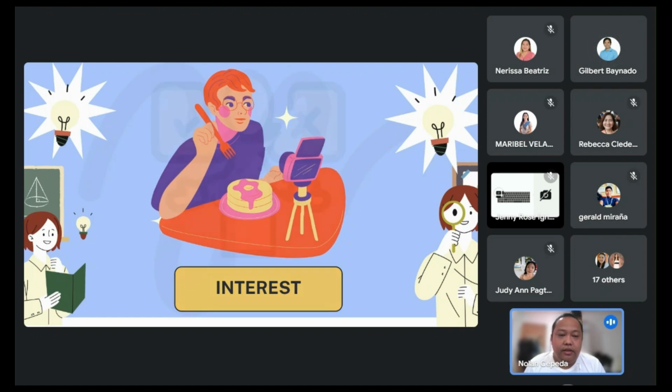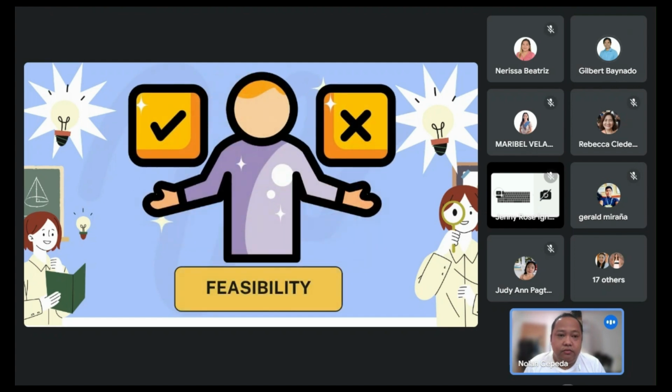The third one is feasibility. Sa feasibility, this refers to the practicality of the research, kung yung results can be realistically implemented dun sa napili natin na field. There are several aspects in terms of feasibility.